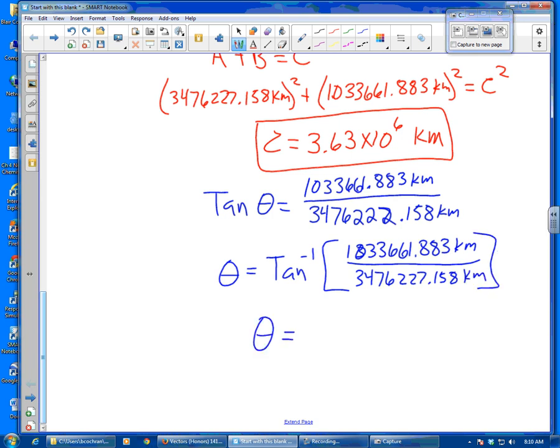and then I do my calculator. Let's see, so I'm doing inverse tan.